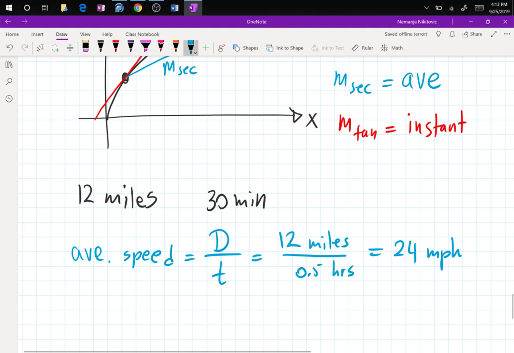Maybe you get on a highway for 5 minutes, but most of the time, to have this 24 miles per hour average, your speed should not be going over 50 pretty much ever in this kind of scenario. 12 miles, 30 minutes.